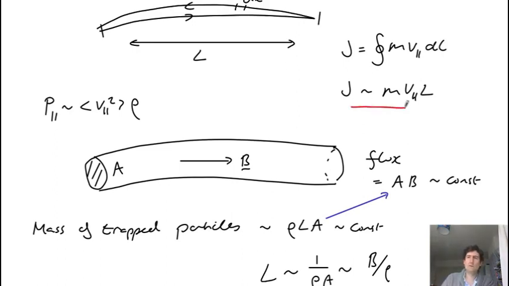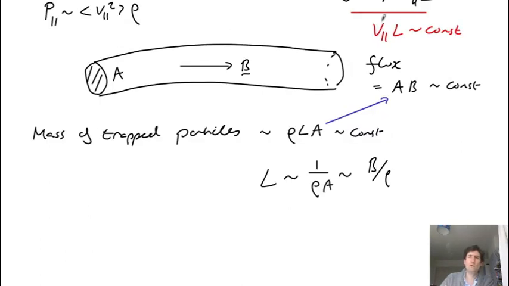So we can use this expression to say that V parallel L is roughly constant. So we can combine this expression from the adiabatic invariant that V parallel L is roughly constant. We put this L into here, and so we have that V parallel times B over rho is roughly constant.